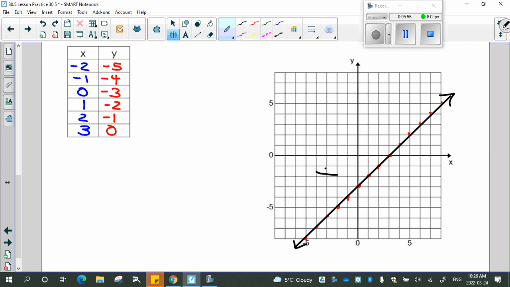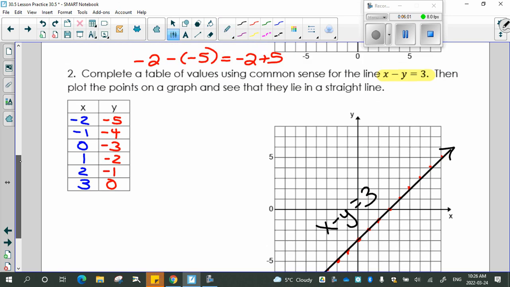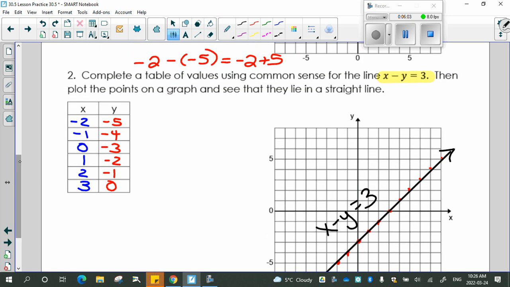And this is x minus y equals 3. It's subtract. So there's no reason to rearrange it. Yeah, this one's subtract, not add.